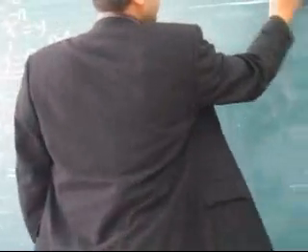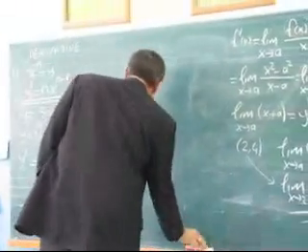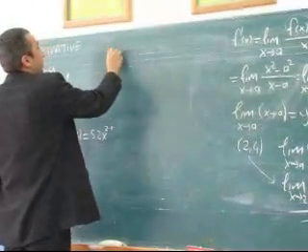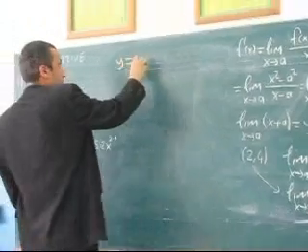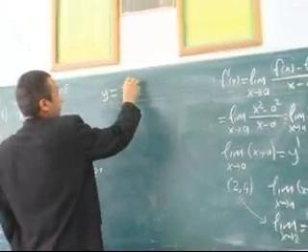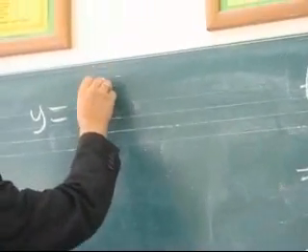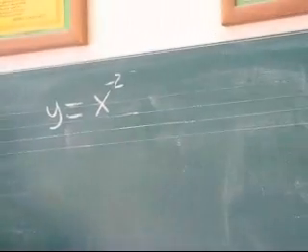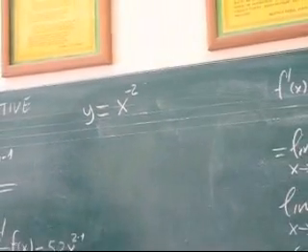Another example. We will look at the definitions and then do the examples. y is equal to x times x to the minus 2. How will we do the derivative of this function?